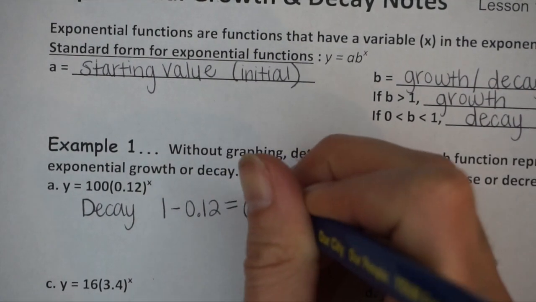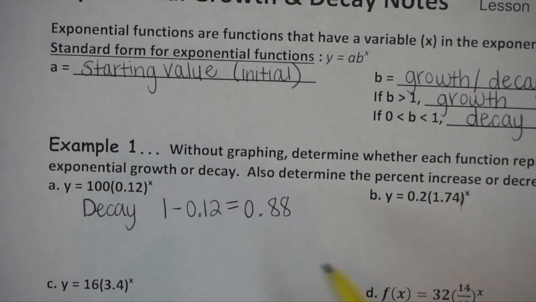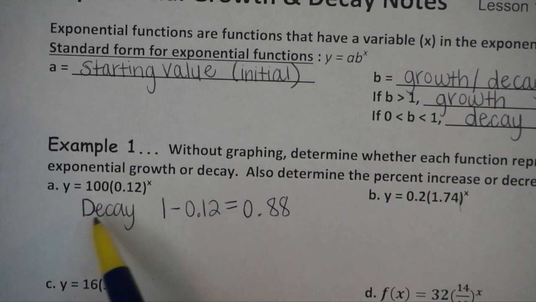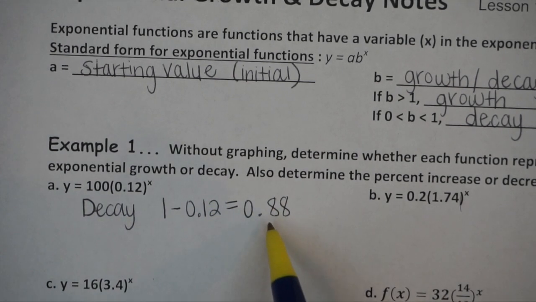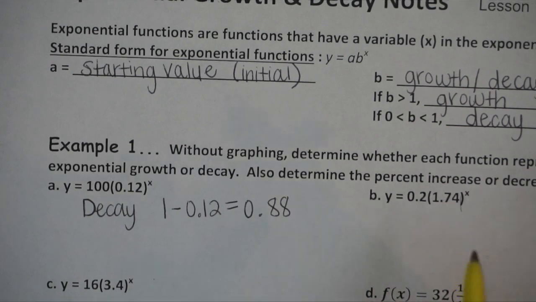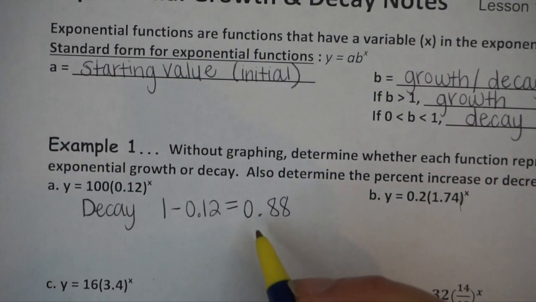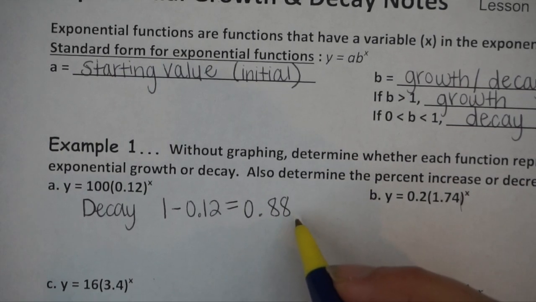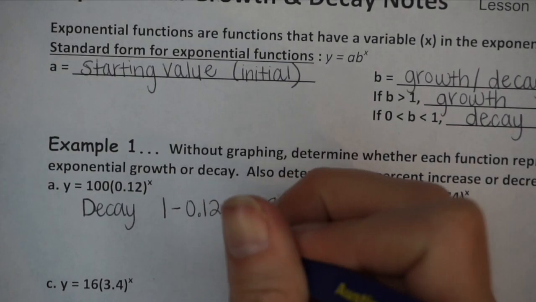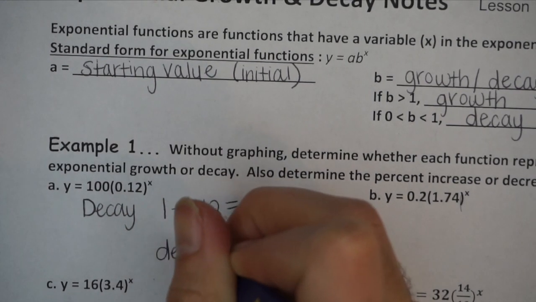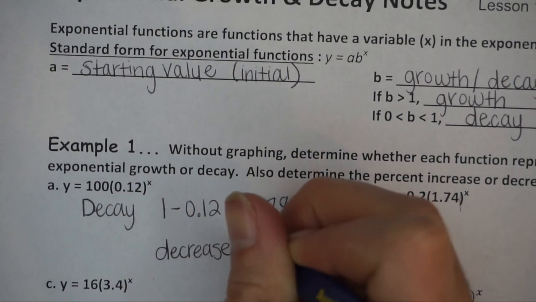What that tells us is that this $100 thing that we have is decaying by 0.88. If we change that into a percentage, remember to change a decimal into a percent, you just move the decimal 2 places to the right. That means this is going to decrease by 88%.